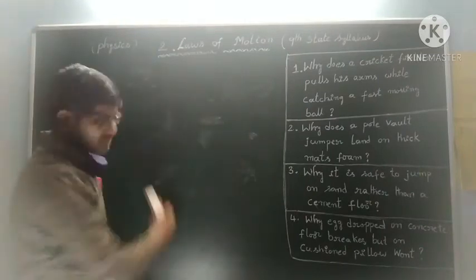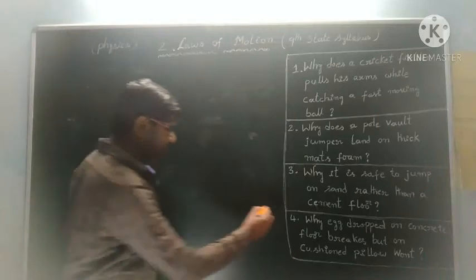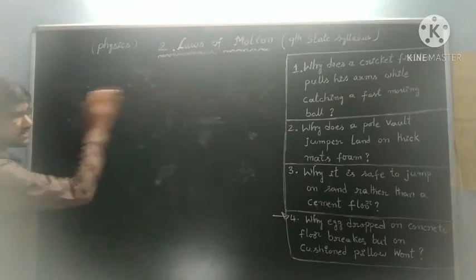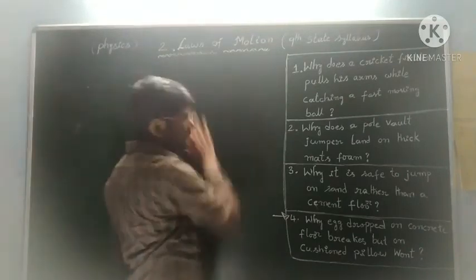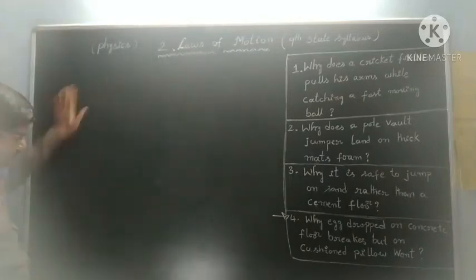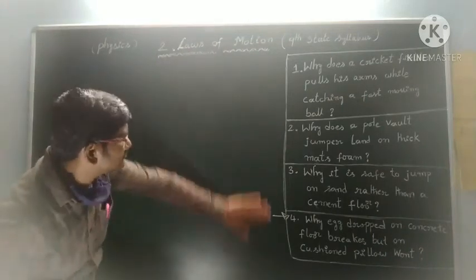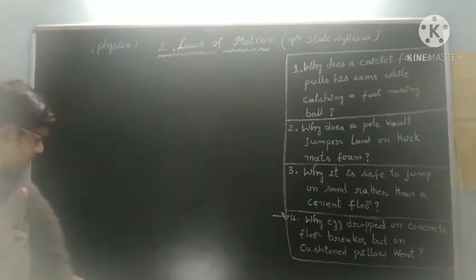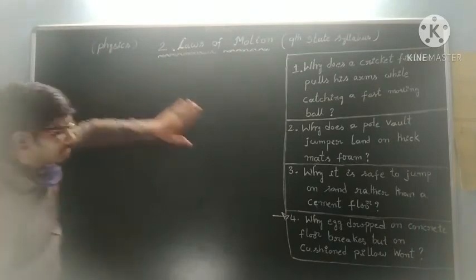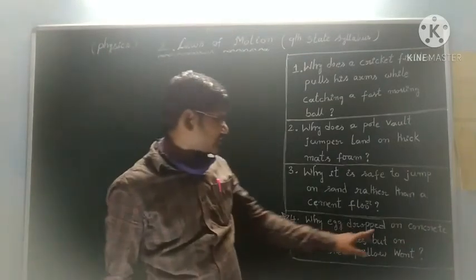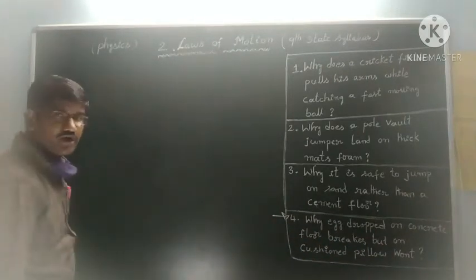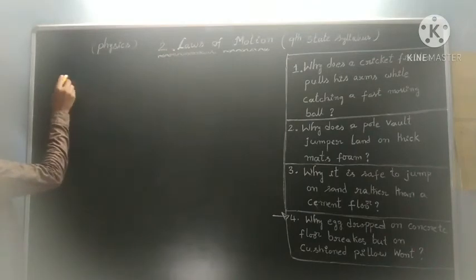So now I want to discuss first clearly the dropping eggs. Why does an egg dropped on the concrete floor break, but on a cushion pillow will not break? So dropping eggs, activity number 8.